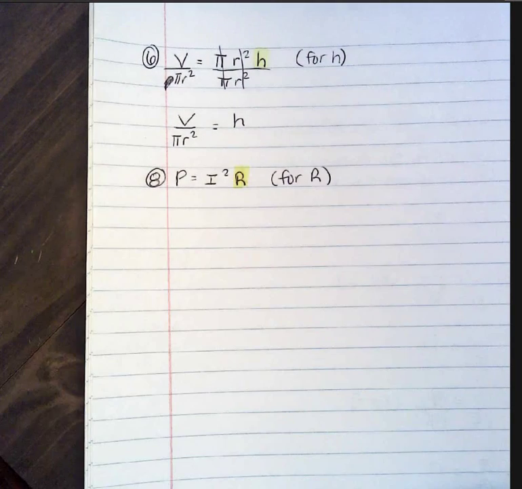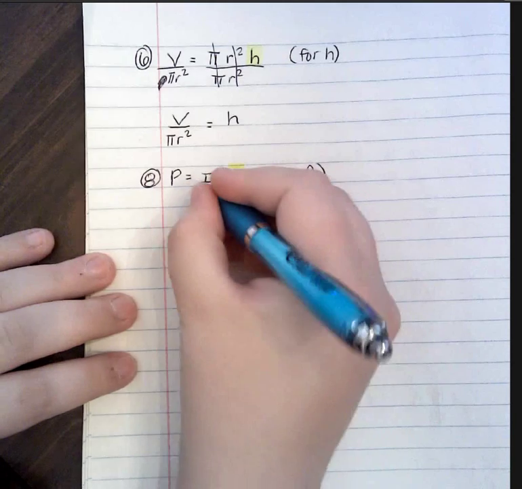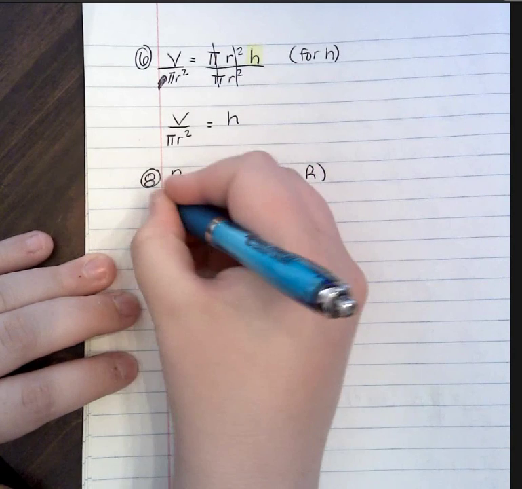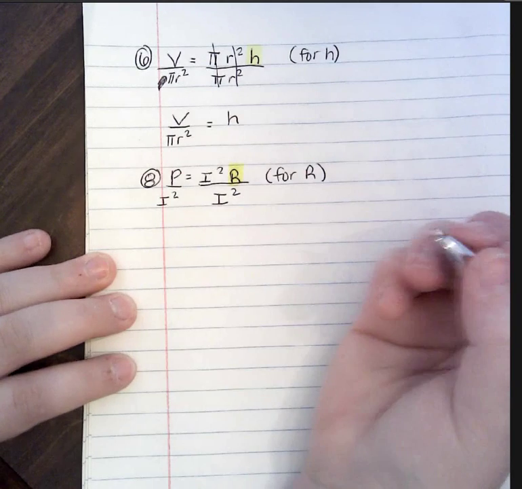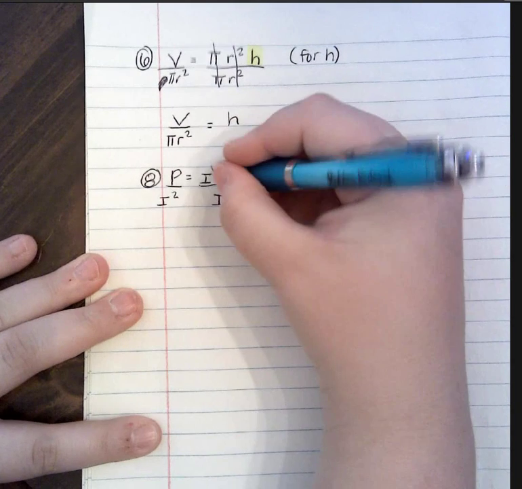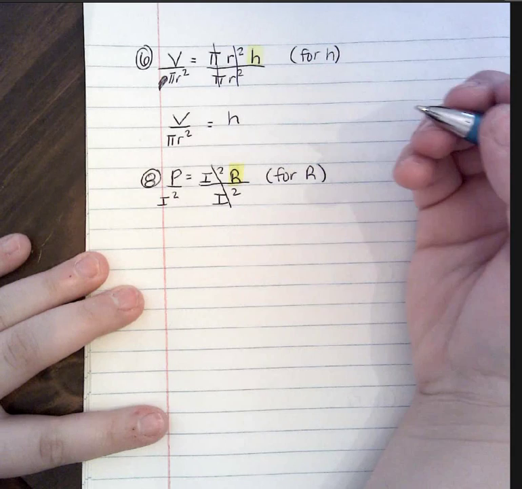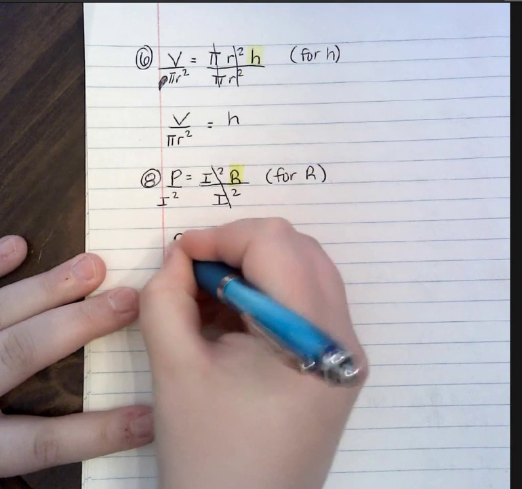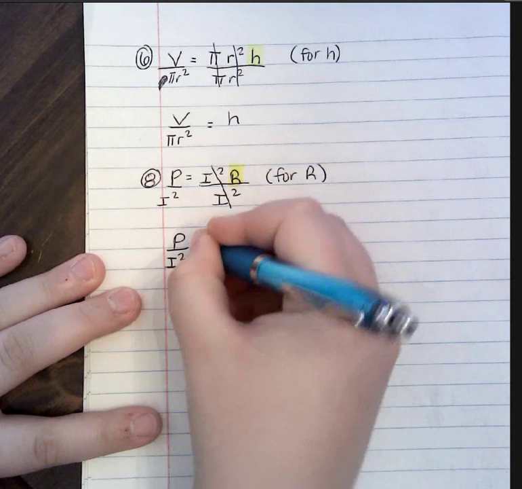I've got an I squared next to it, and that means they are being multiplied. So the opposite of multiplying would be to divide by that I squared. So my I squareds are going to cancel, and I end up with p over I squared equals r.